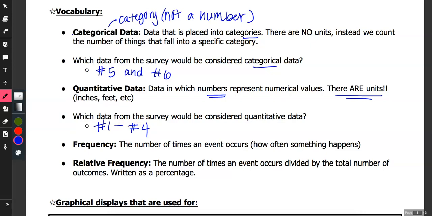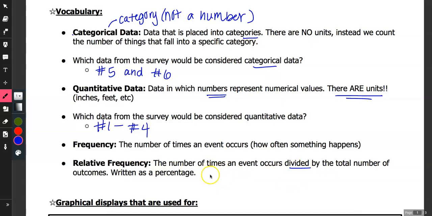All right, next up we have frequency. That's how many times an event occurs, right? So if I'm counting the different ways you all get to school and 10 of you say you take the bus, the frequency would be 10. The relative frequency would be how many times that event occurs divided by the total number of outcomes.